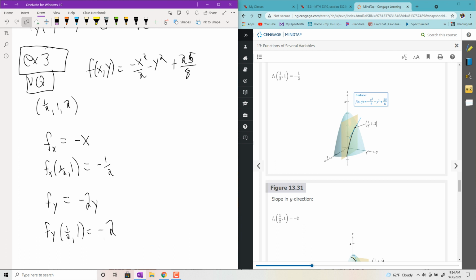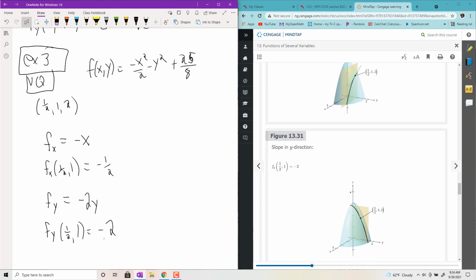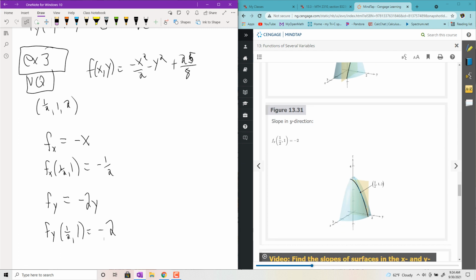But there's also one in the y direction. It looks like it's, if you put it there, it'd be negative, right? In particular, it's negative 2. So if you look here, the slope in the y direction, yeah, it looks like it's negative 2. So it's going downwards.